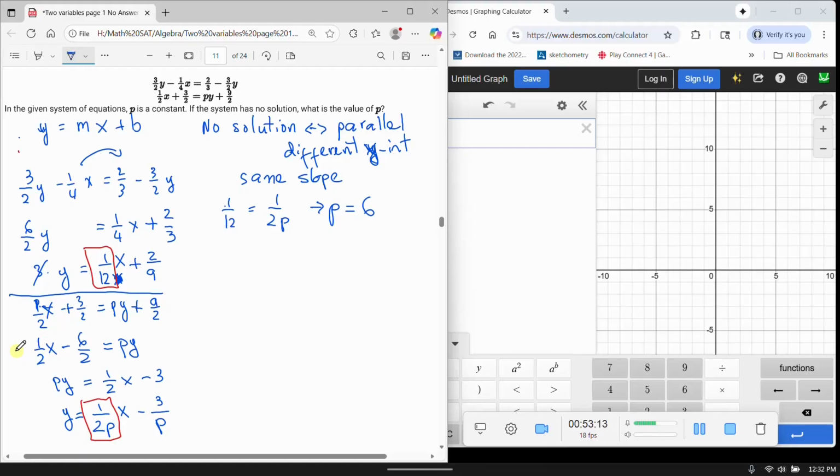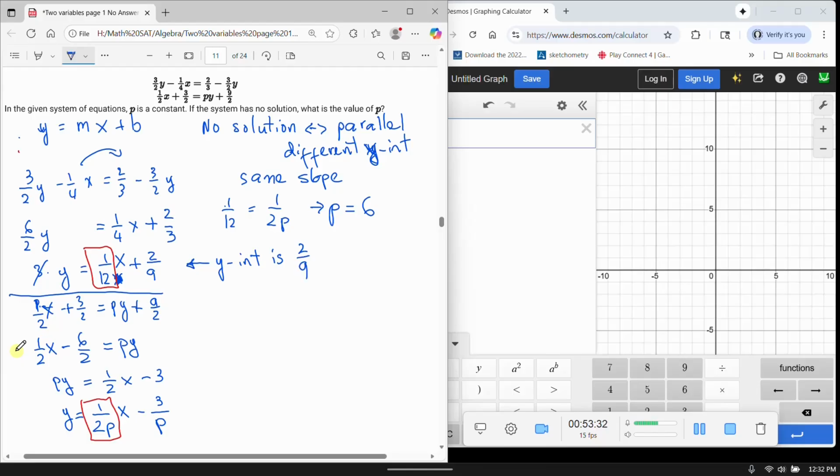So we want to make sure that if p equal to 6, it's not going to give you the same y-intercept, okay? So the y-intercept for this is 2 over 9.